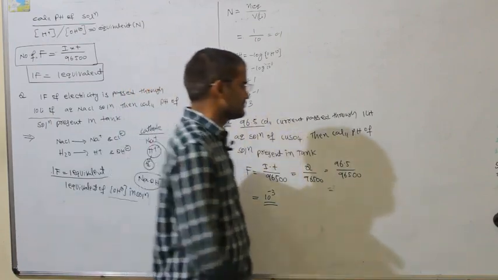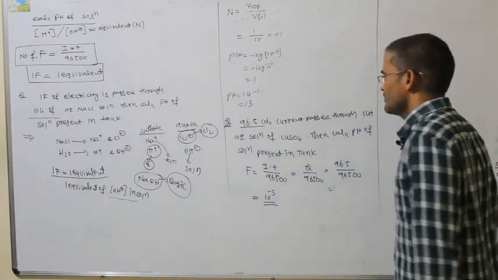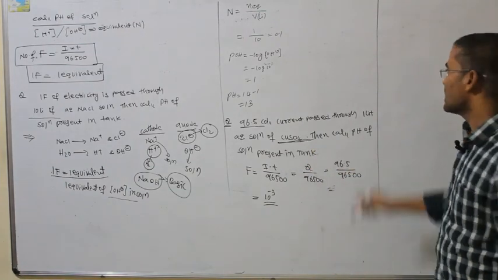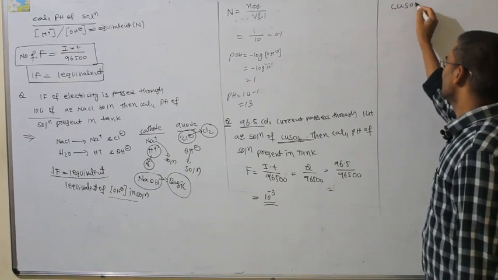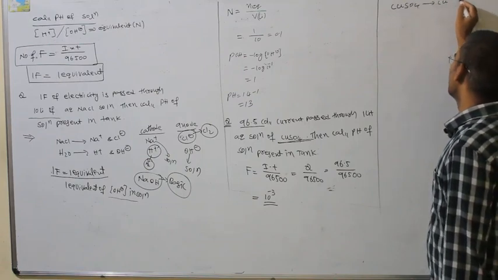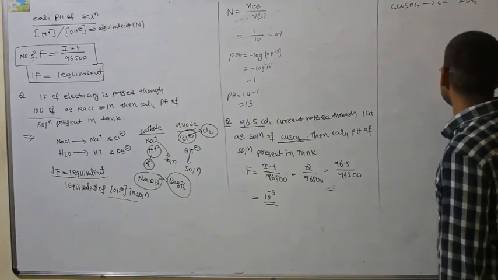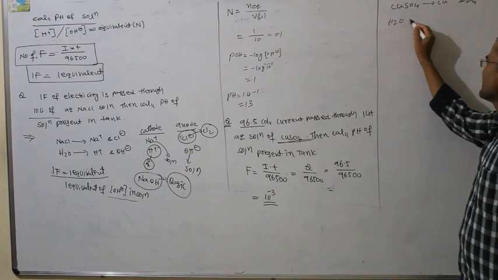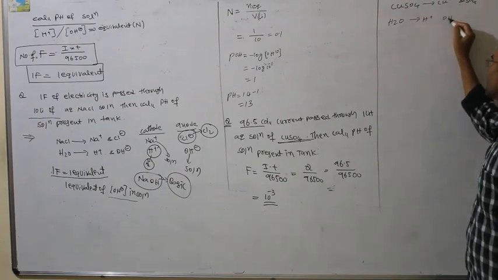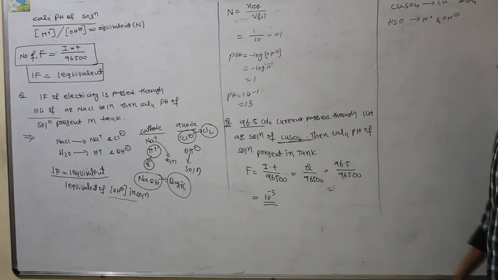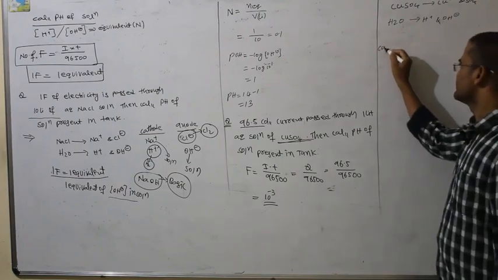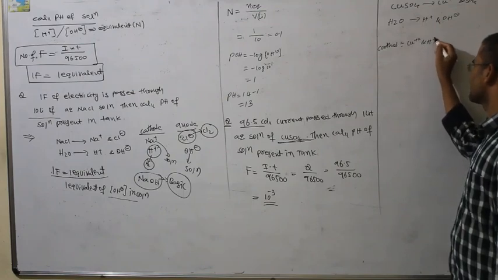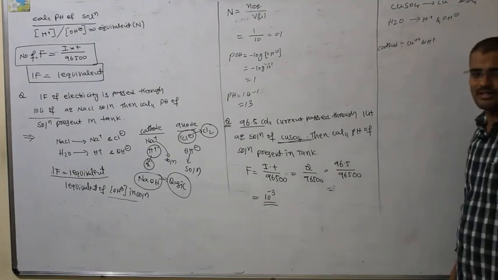One job done. Next, the aqueous copper sulfate solution. Aqueous copper sulfate means CuSO4 will give Cu plus 2 and SO4 minus 2. Water will give H plus and OH minus. So now at the cathode we have Cu plus 2 and H plus, which will undergo reduction among these two.